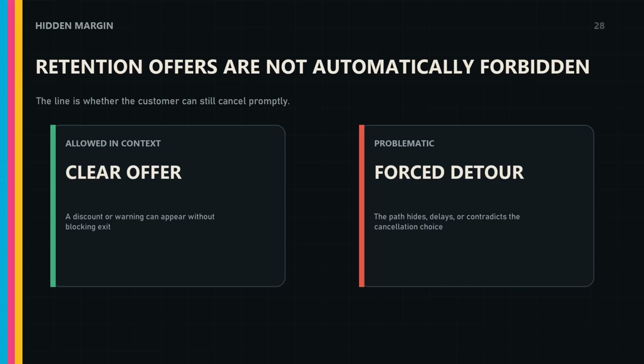Retention offers are not automatically forbidden. California's statute expressly allows certain discounts, benefits, or information about the consequences of cancellation, provided the customer can still complete cancellation promptly through a clear and continuously available path. The line is not whether the company may persuade. The line is whether persuasion becomes obstruction.